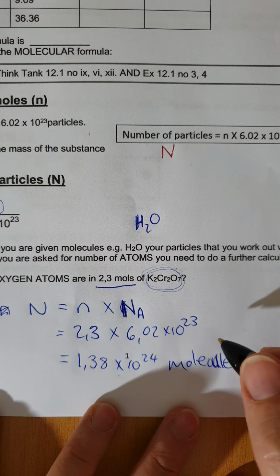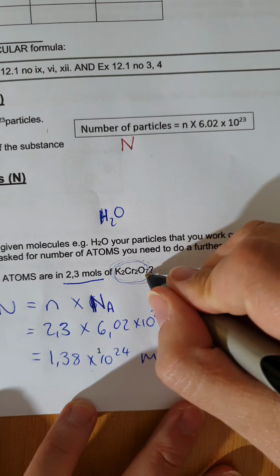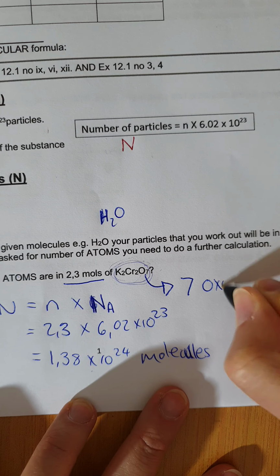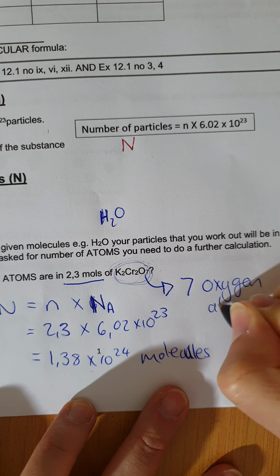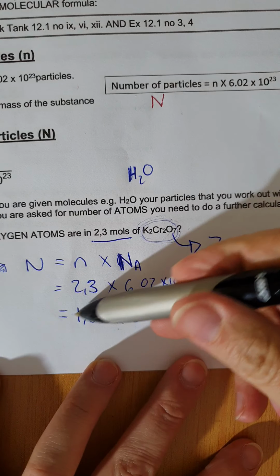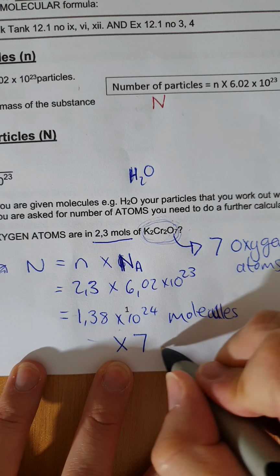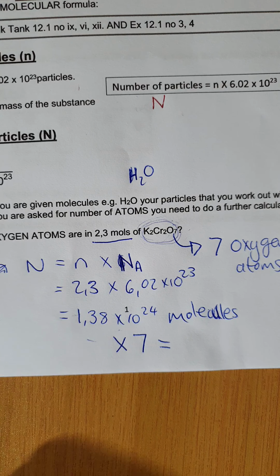So what we're going to see now is in each molecule, we have 7 oxygen atoms. But I have so many molecules. So if I times it by 7, I'm going to get how many atoms there are.